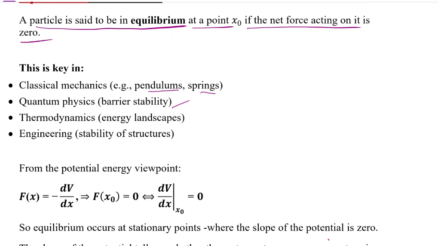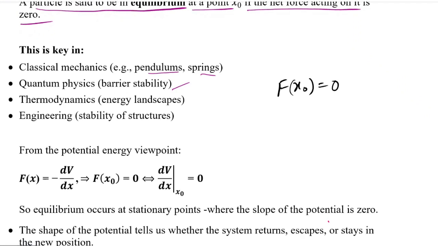As I said, the net force acting on the particle must be 0. That is, F of x0 is 0. We know the relation between force and potential: F is equal to minus dV by dx.